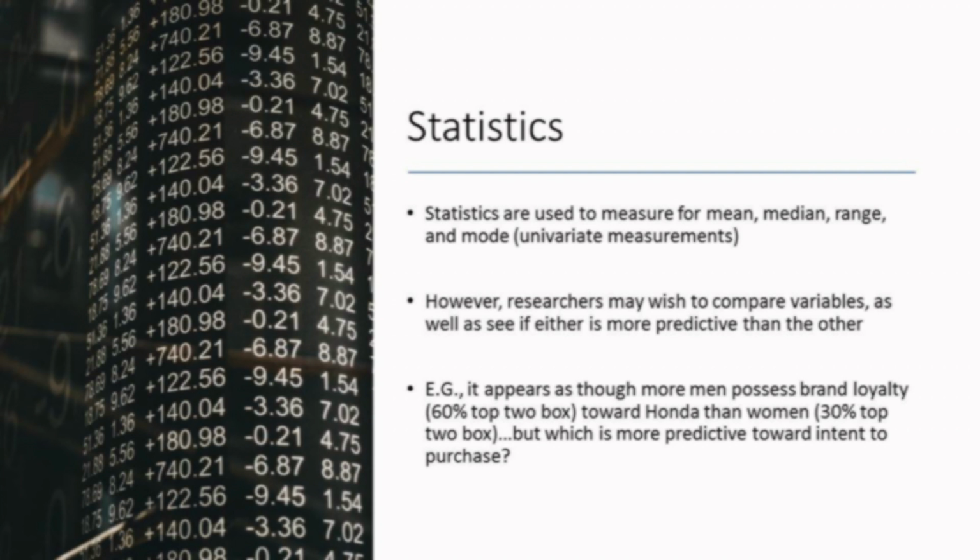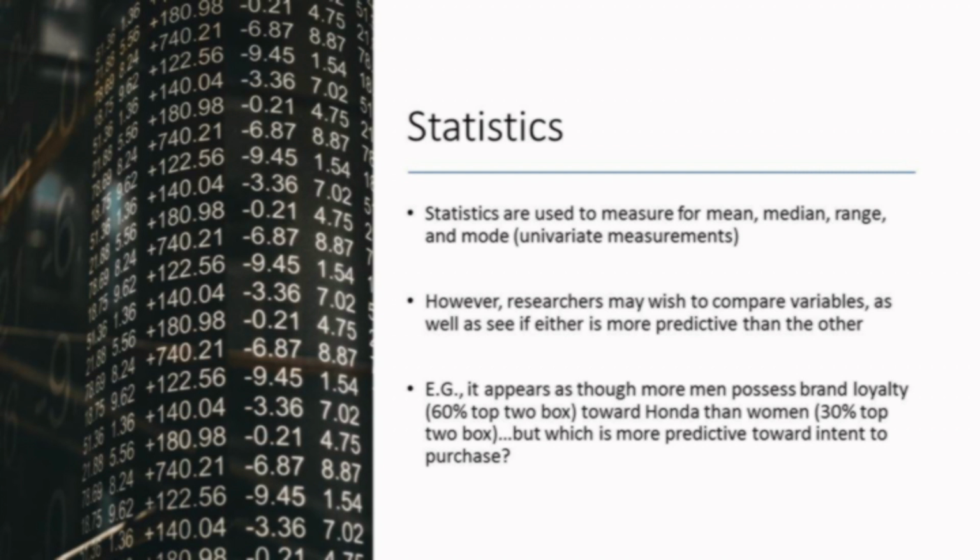Why? Because those are the people who agree most with a statement. Those are people who may have the most brand loyalty or may have the highest intent to purchase or intent to view or intent to rent or whatever your dependent variable may be. It makes sense to look at those people.